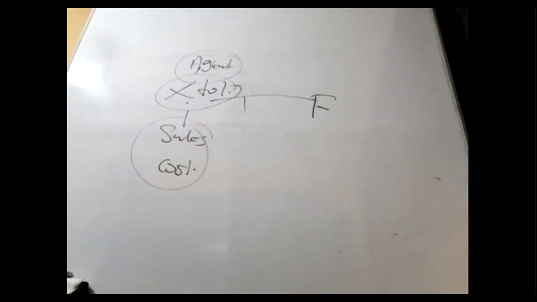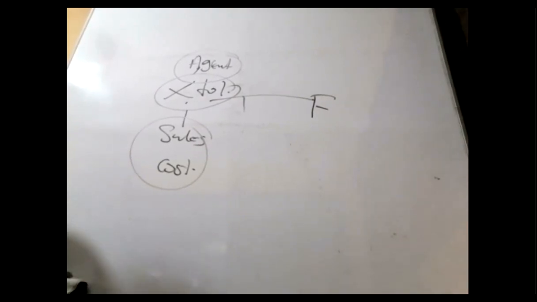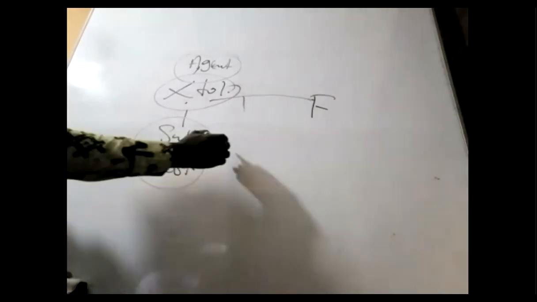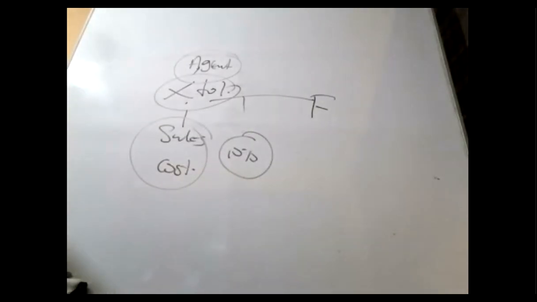Either you add it to other income or you add it to your main revenue. Add it to your revenue. That is all. So now let's take hold of his commission, which is 10%. Any other transaction needs to be reversed.